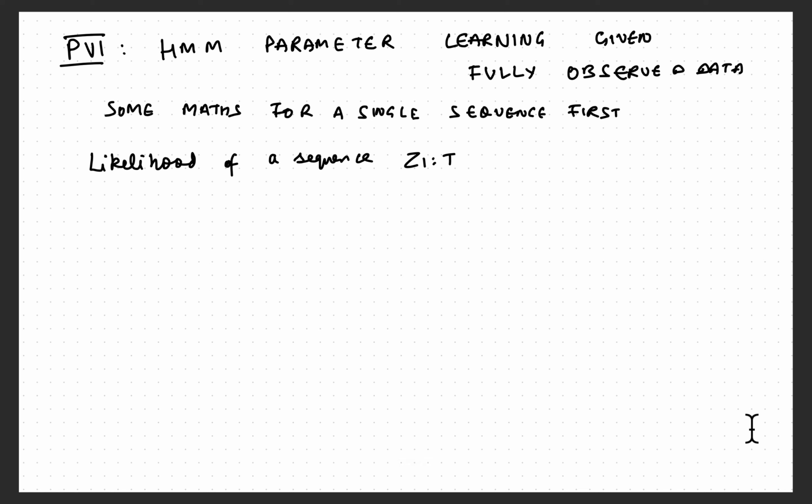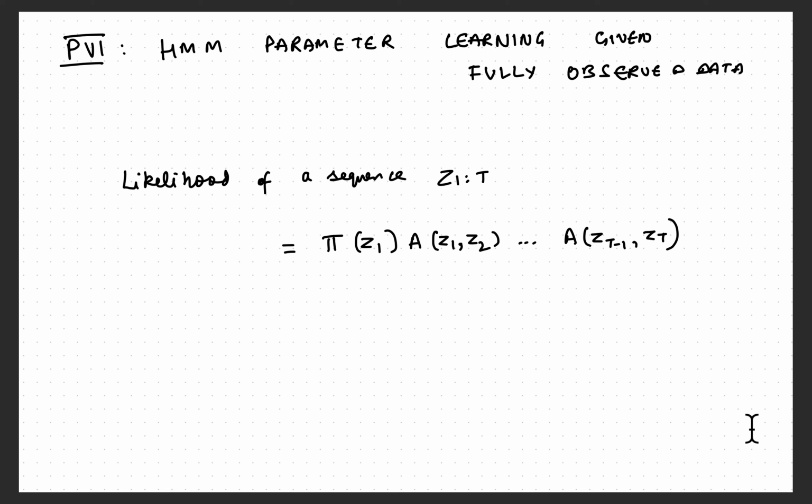Now we'll discuss how to find the likelihood of a single sequence Z1 through T. If you try to write the likelihood based on our previous discussion, you might write it as follows. For the first hidden state, it's a hidden state, but it's observed.